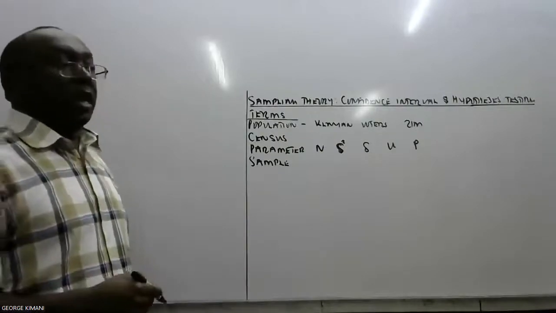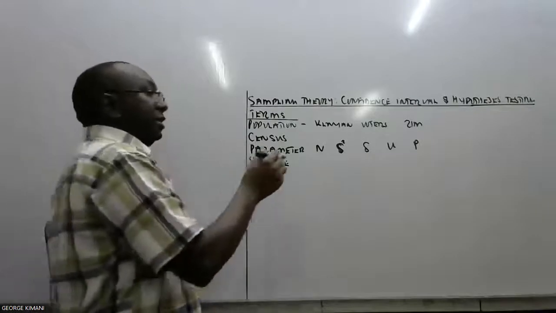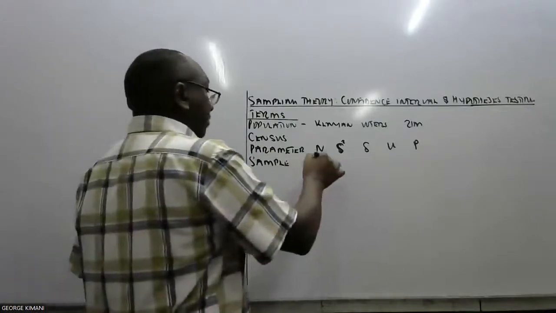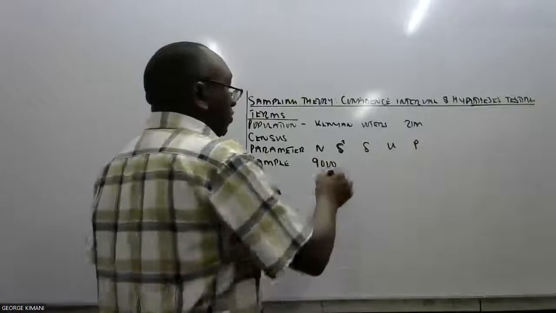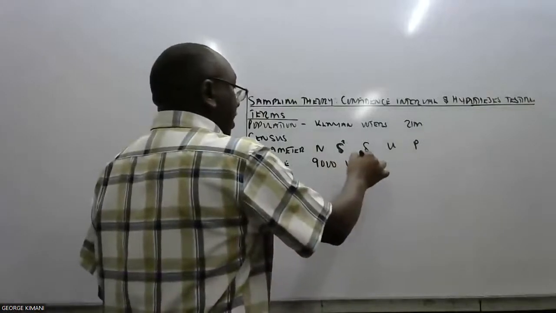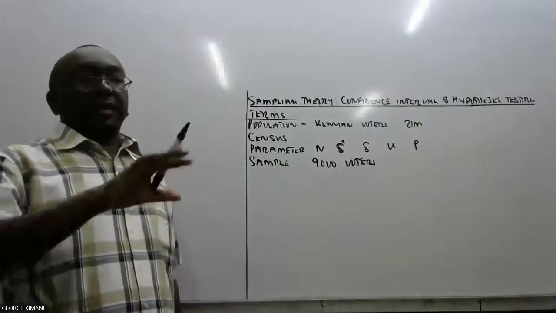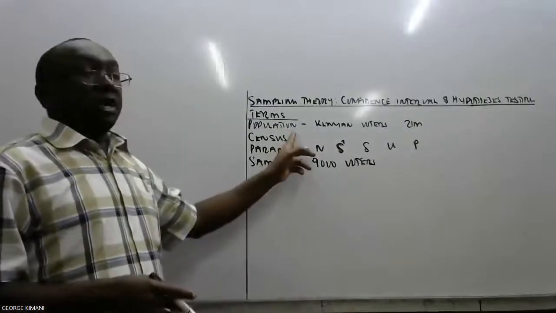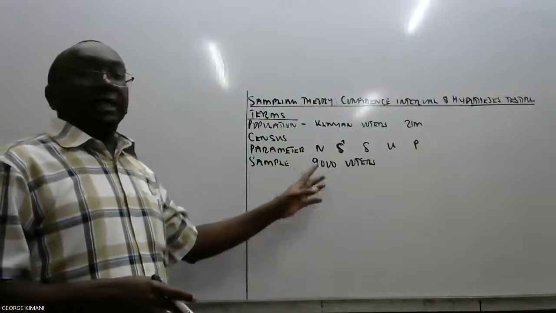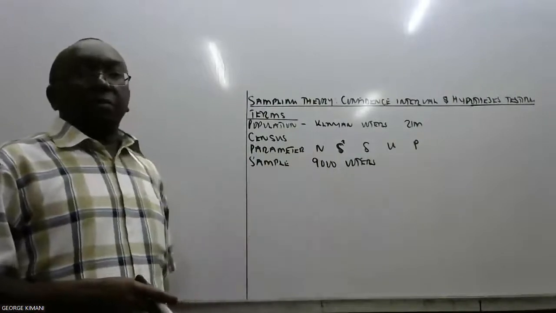Now, the last one they released, I checked and they were talking of having interviewed 9,000 voters. Now, this 9,000 is like a small group that is selected from the entire population to act as a representative of the population.